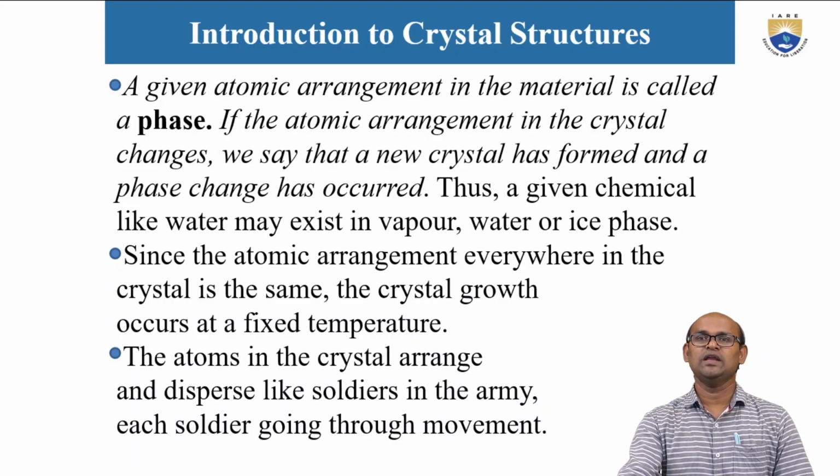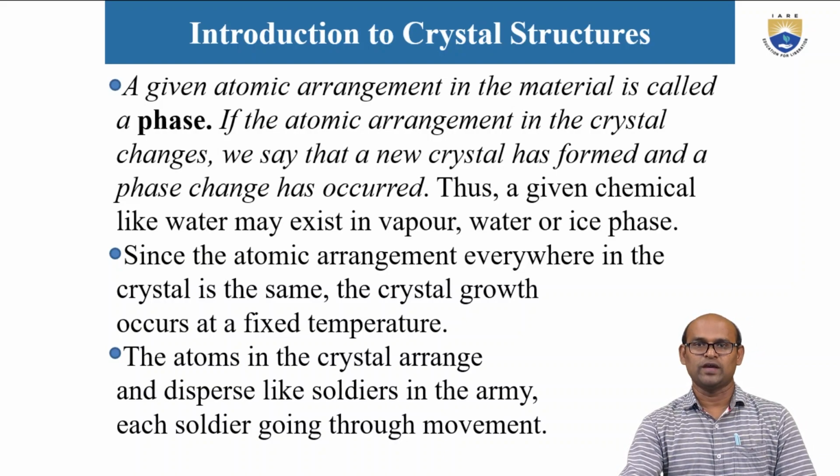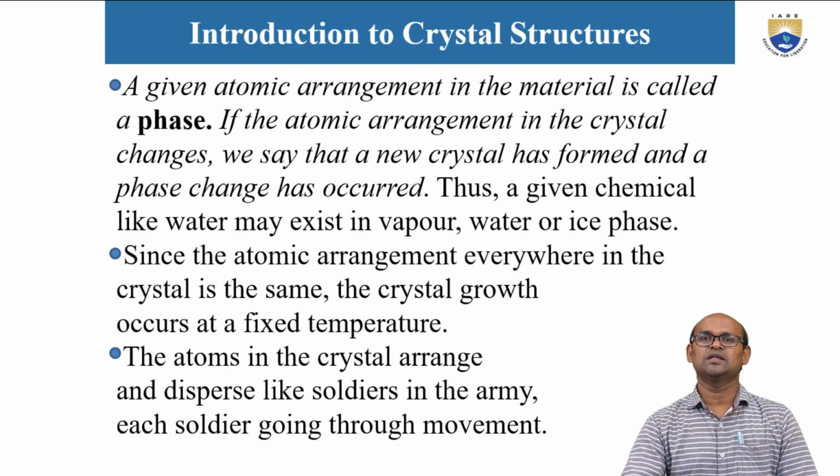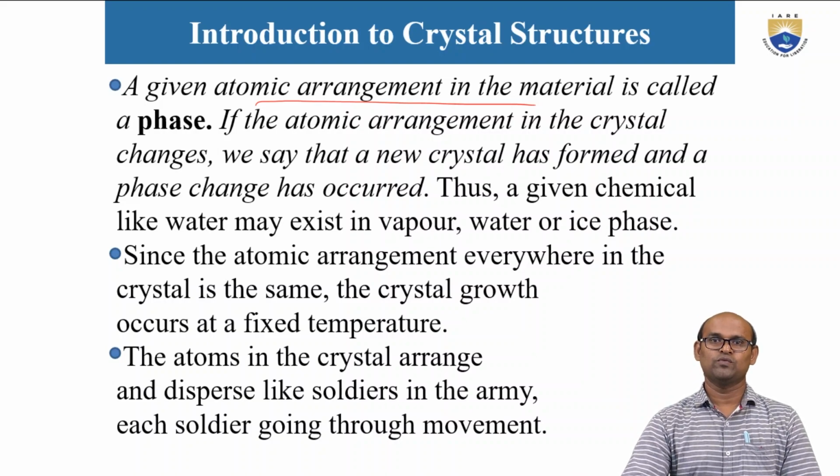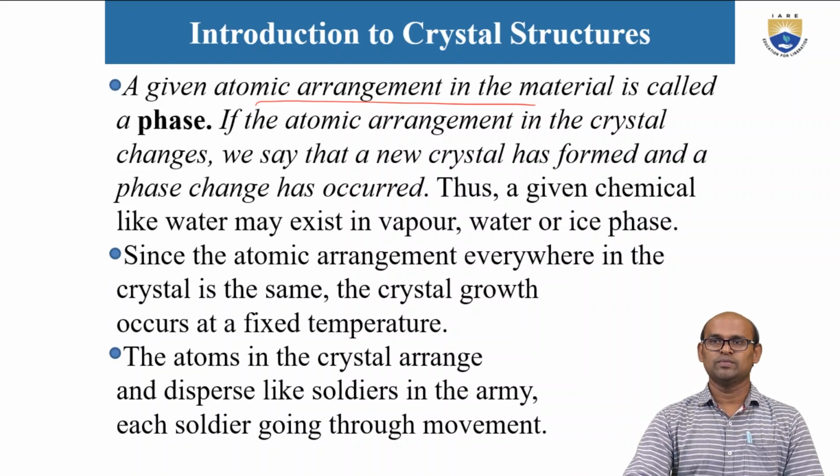Okay, so a given atomic arrangement in a material is called a phase. We know that there are three phases: liquid, gas, and solid. Based on the atomic arrangement only, we have classified them as three different phases. So phase is nothing but the atomic arrangement in a material.